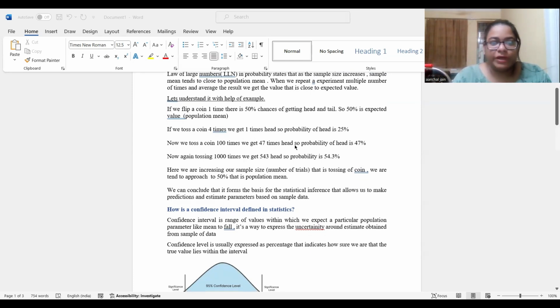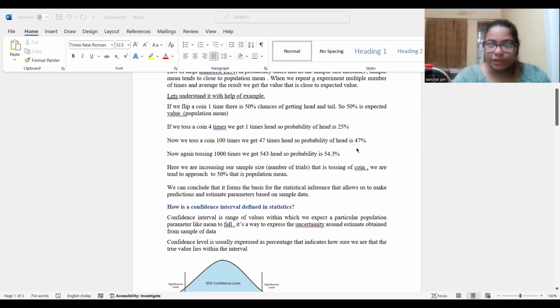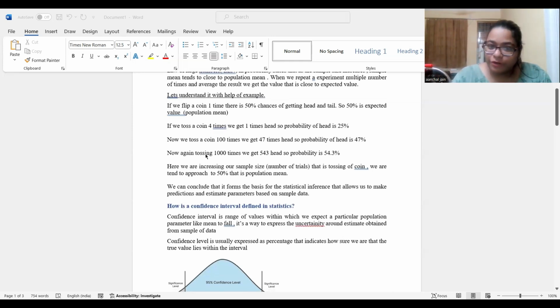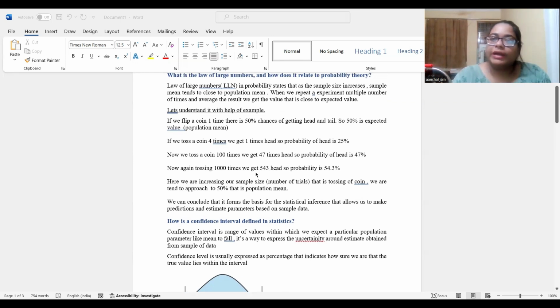So probability of getting head is 47%. Now again we are tossing the coin, and this time we are increasing the number of times to be tossed to 1000. And suppose we get 543 head. So probability of getting head is 54.3%.